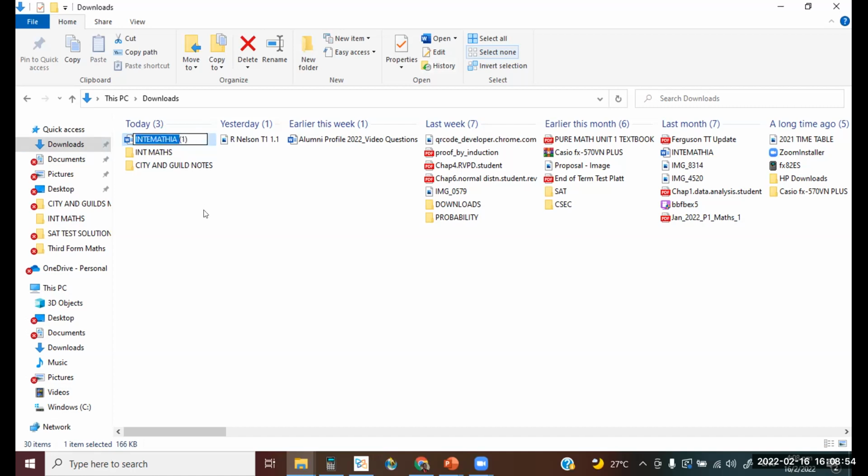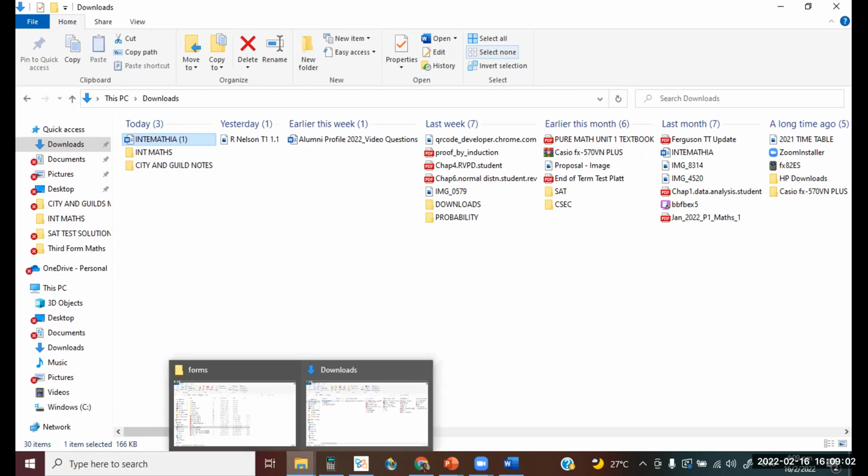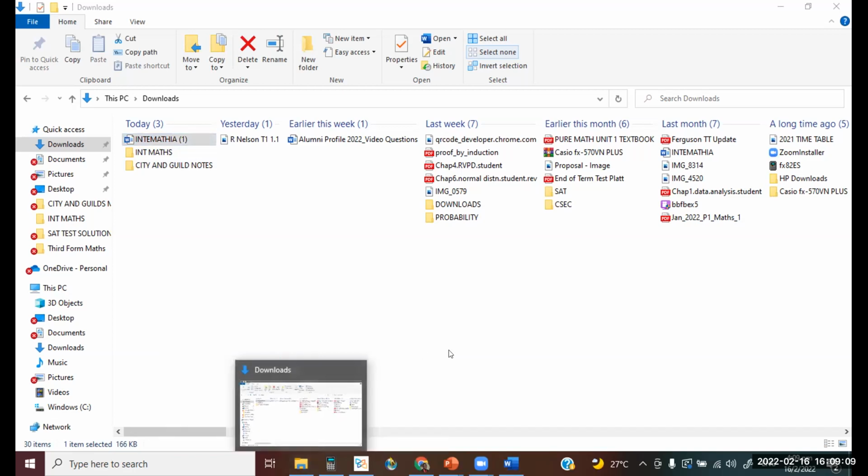All right, my Word document is loading very slow. I think I have too many programs open. Let me try and close some. What else don't I need open at this point?